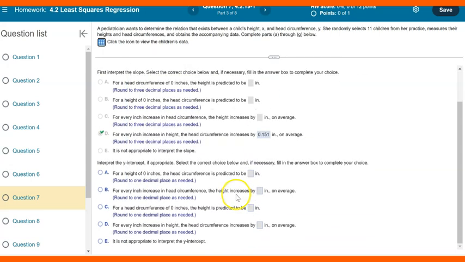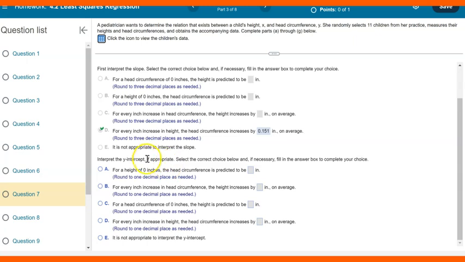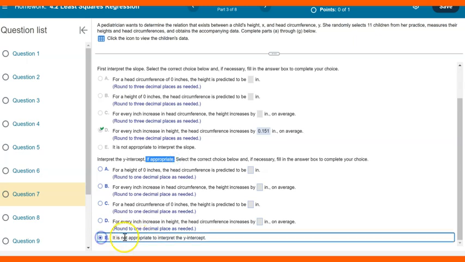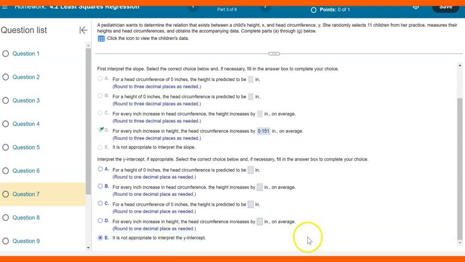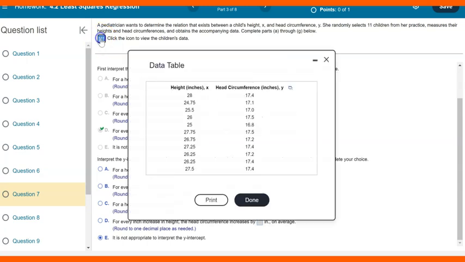No. Therefore, in this case, the y-intercept is not appropriate to interpret. Therefore, you have to put this answer: it is not appropriate to interpret the y-intercept because 0 is out of scope of the x values.